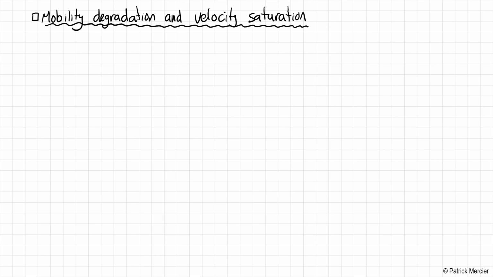Now, one note I want to make, and unfortunately this is going to get extremely confusing for everybody in this course, is we use the word saturation in multiple different contexts. So when we are talking about velocity saturation here, we are not talking about the saturation region.